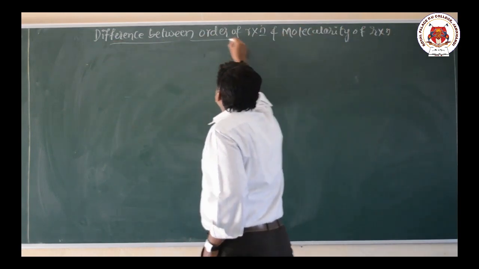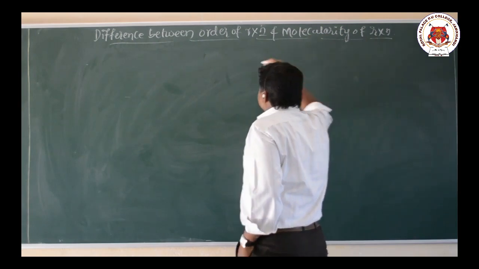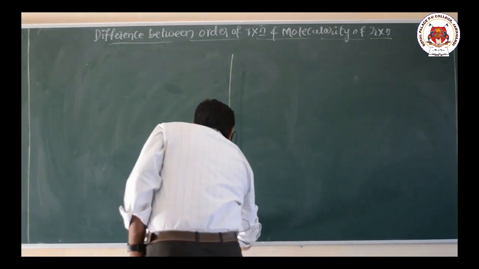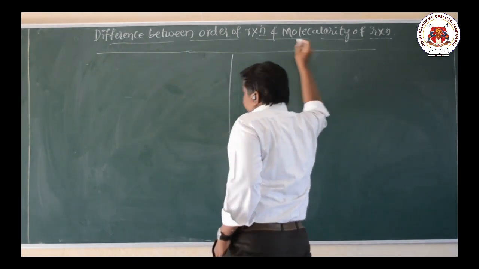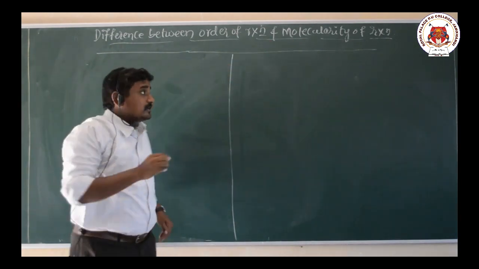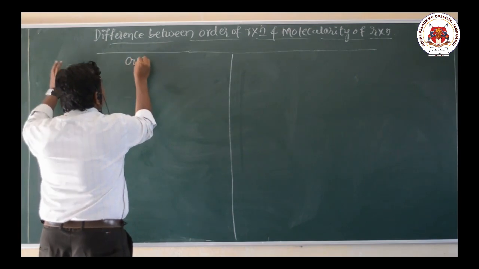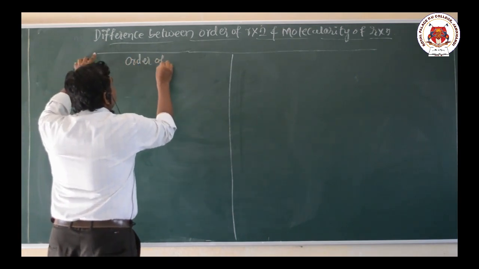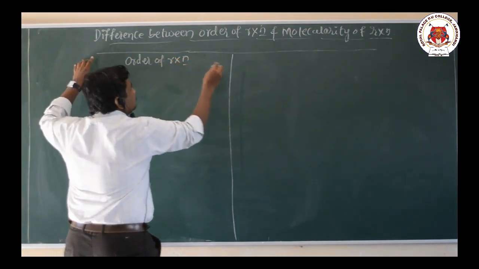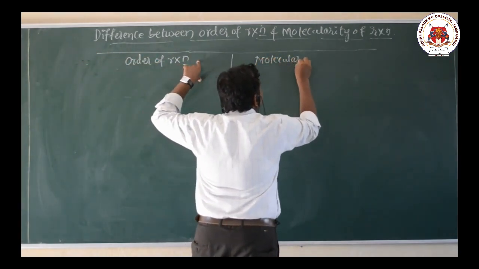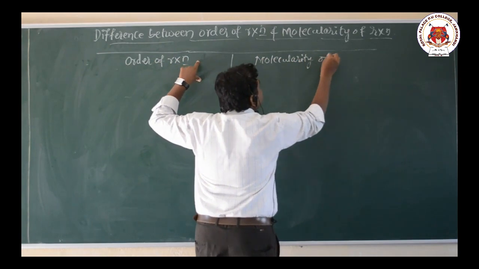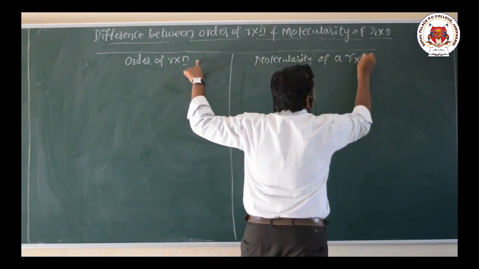So I will make two columns. The first column is for the order of reaction, and the next column I will write molecularity of a reaction.